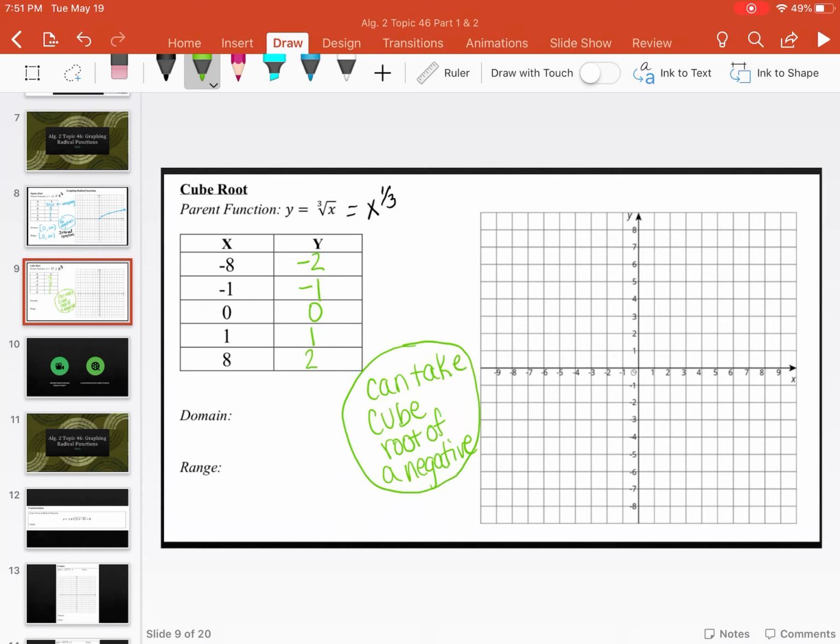Now that we have our table, let's plot on our graph. So over -8 down 2, over -1 down 1, over 0 up 0, over 1 up 1, over 8 up 2.